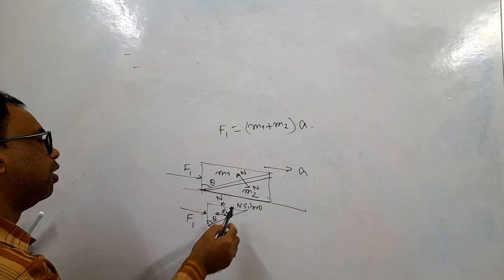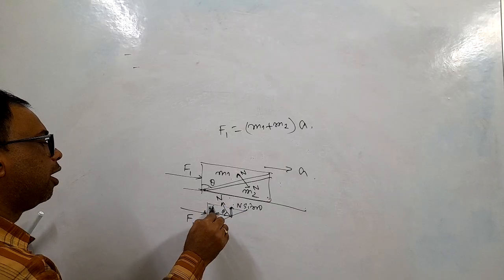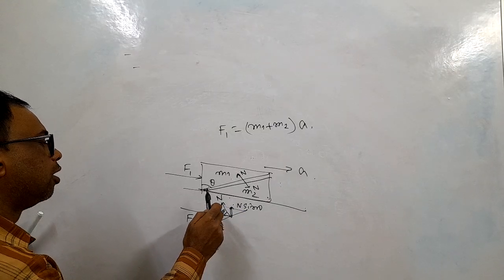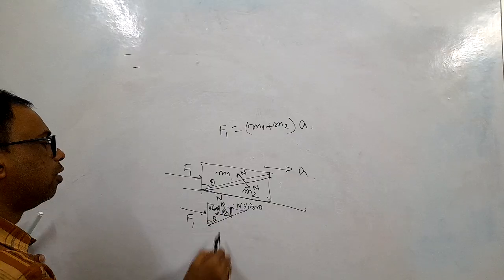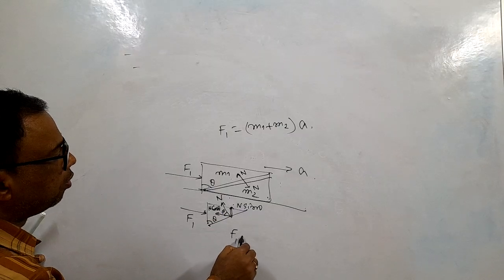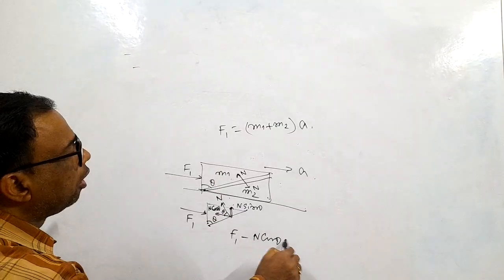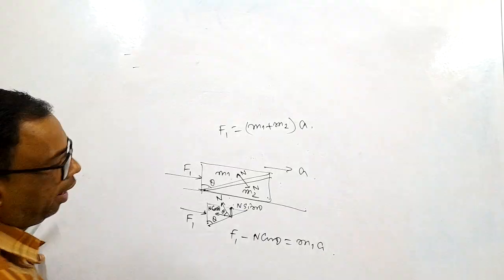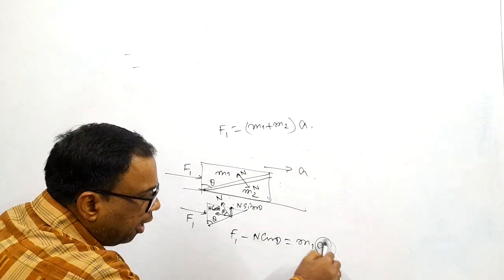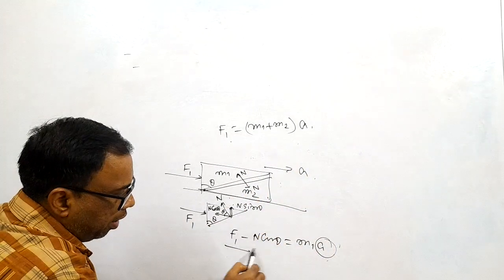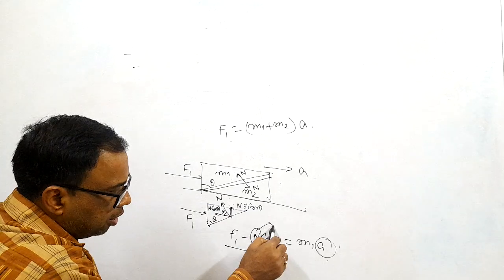So F1 minus N cos theta equals M1A. Now putting in the value of A, you find the normal reaction.